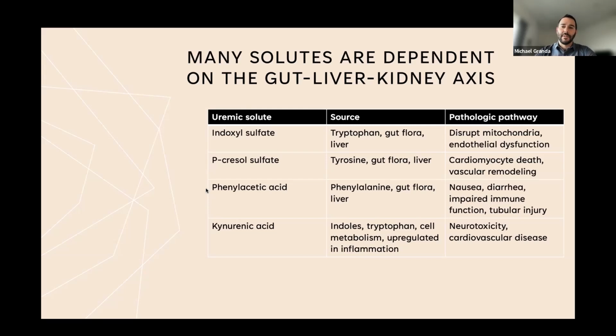All four of these solutes have known in vitro effects, but they've also been associated with worse symptoms in CKD patients and an increased risk of death. And so moving on, I'll talk about each component of the gut-liver-kidney axis and how they interact to determine the plasma levels of these solutes.